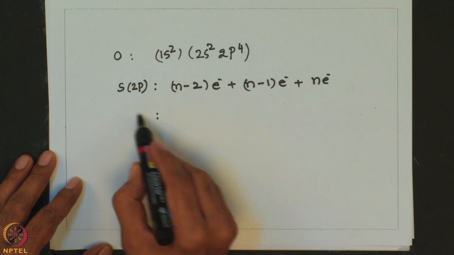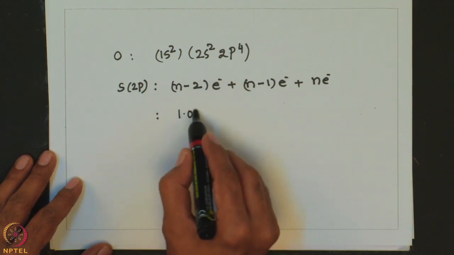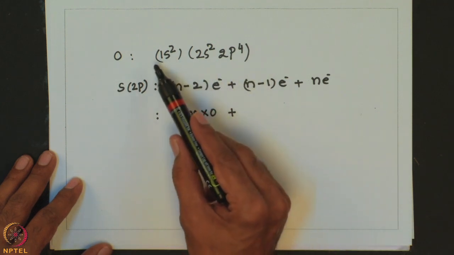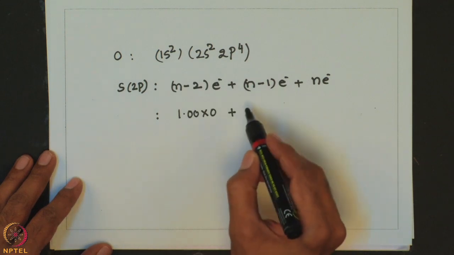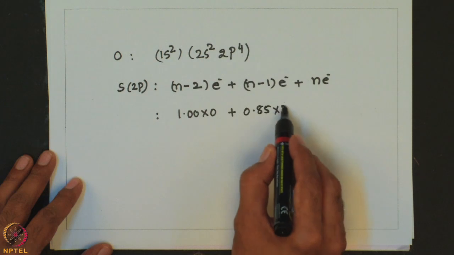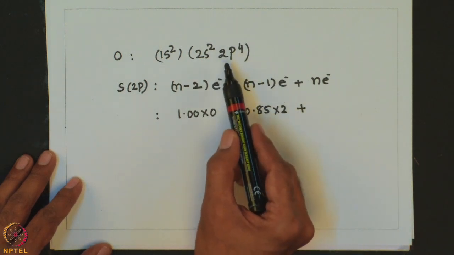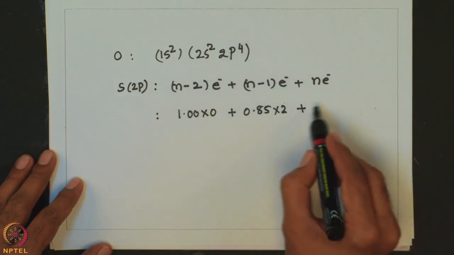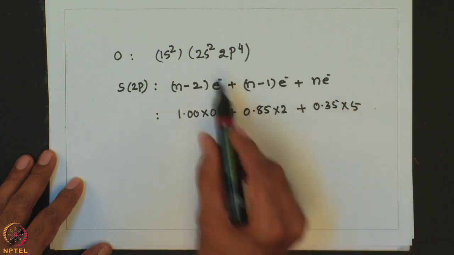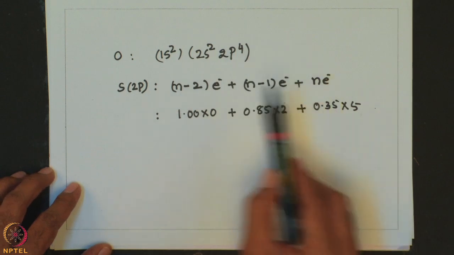So, here we do not have any electrons in n minus 2. So, 1.00 into 0 plus here we have 2 electrons in n minus 1, that is in 1s2, 0.85 into 2, plus we have about 5 electrons in the same group, that is 0.35 into 5. Out of 6 electrons we are considering one of the p electrons, and the remaining 5 electrons will be screening it.